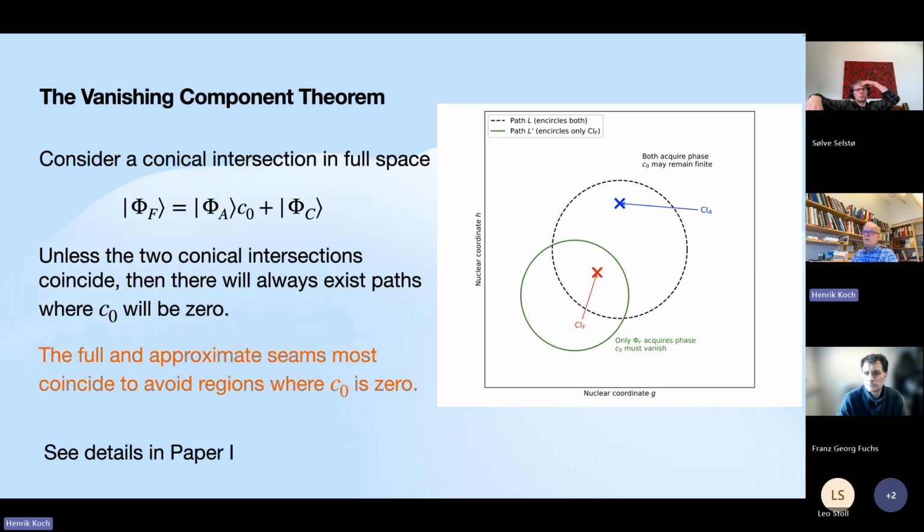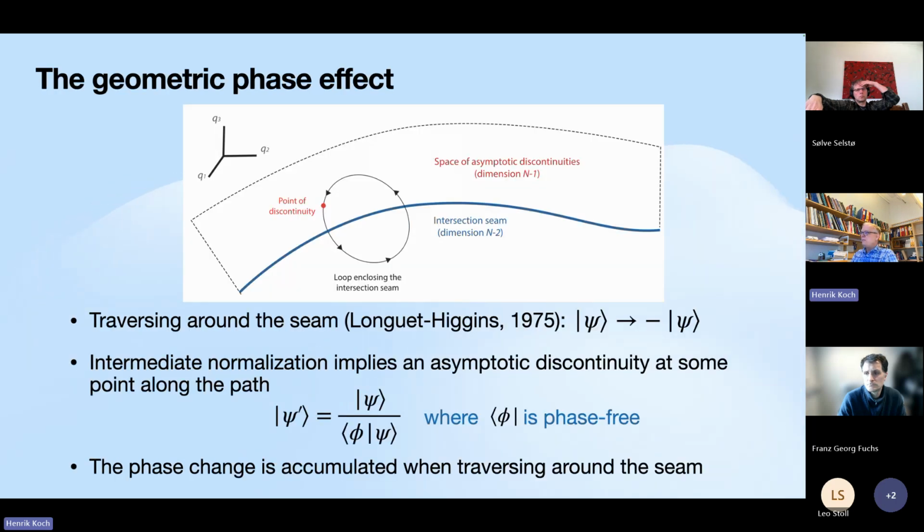Another problem is when we do coupled cluster theory, because in coupled cluster theory, we also use a reference function, and we employ what is called intermediate normalization. And in intermediate normalization, we always choose the reference function, so the Hartree-Fock weight of the wave function, to be equal to 1.